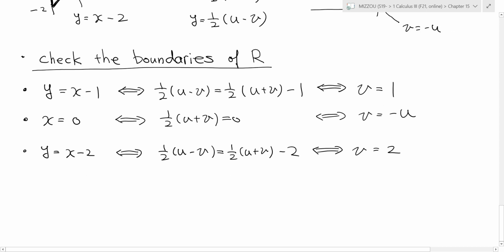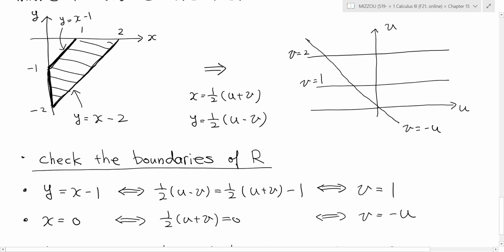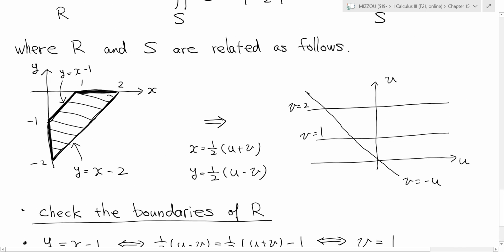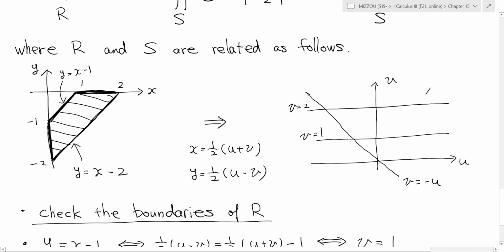And then finally, that's y is equal to 0. Y is equal to 0 is 1/2 u minus v is equal to 0, and that is equal to v is equal to u. V is equal to u is the line going through this way.